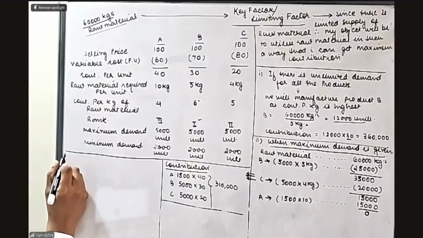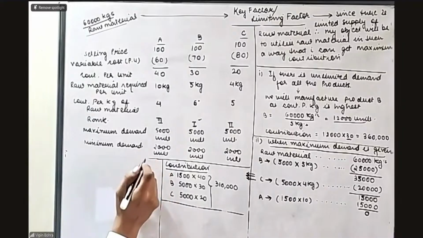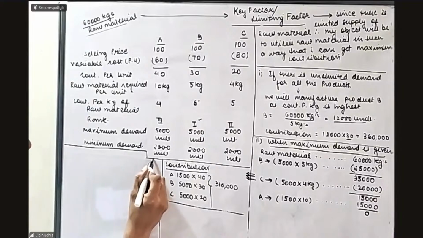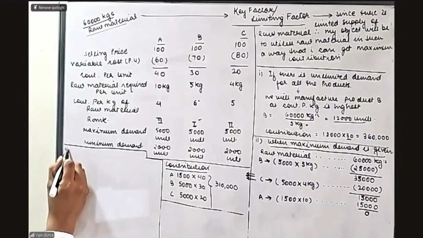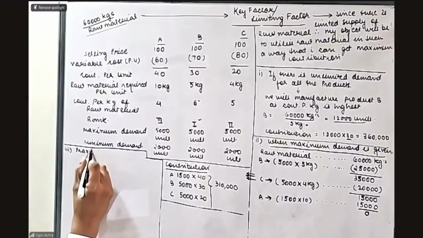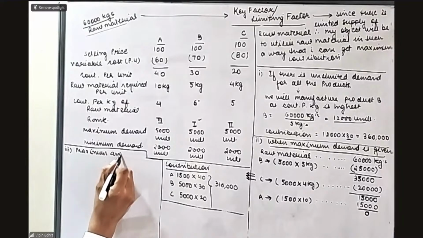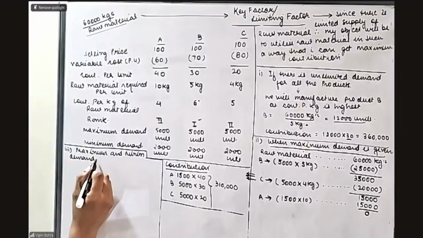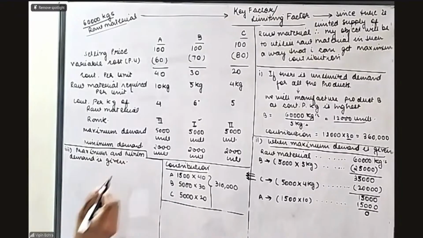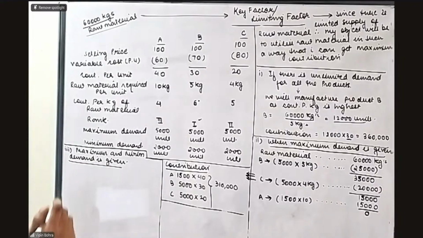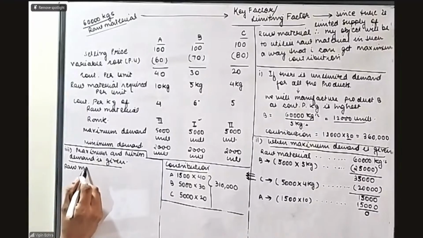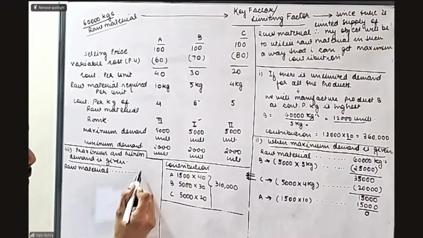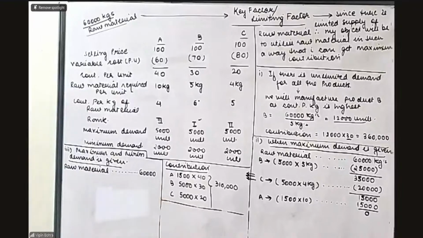So let's write down the third case here, wherein maximum and minimum demand is given. So we have raw material, how much? 60,000 kgs.